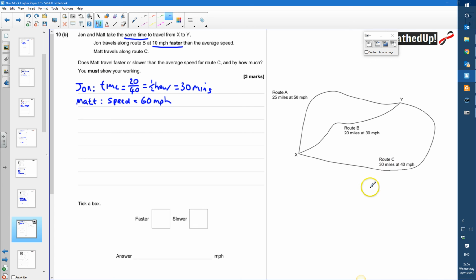Okay, 30 minutes to travel 30 miles means that he must be going at 60 miles per hour. So does Matt travel faster or slower? Well, he travels faster because the average speed is 40 miles per hour. He travels faster, and by how much? Well, if he's going 60 miles per hour, that's going to be 20 miles per hour faster.